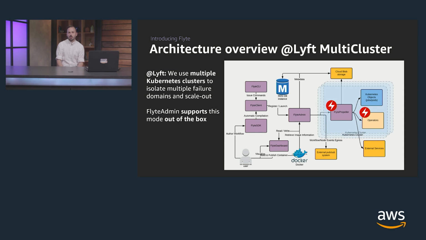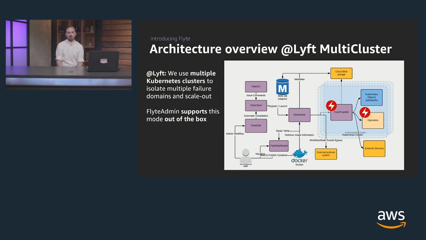And although that general architecture was pretty good, we decided we needed to take it a step further. And again, this is from the growth of Lyft, where, as Ali had mentioned, we have dozens of teams operating on us with thousands of workflows, and these workflows have gotten bigger and bigger, to the point that we were not able to host all of our compute on a single Kubernetes cluster.